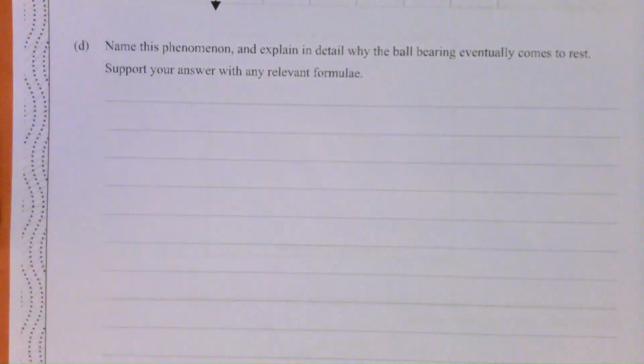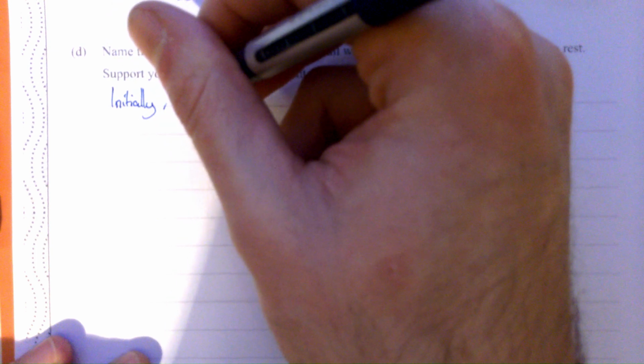So, the big thing to say, first of all, is that initially, because the ball bearing's starting raised up at amplitude, it has initially got gravitational potential energy.